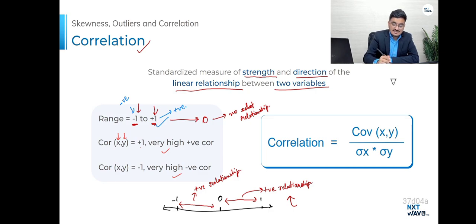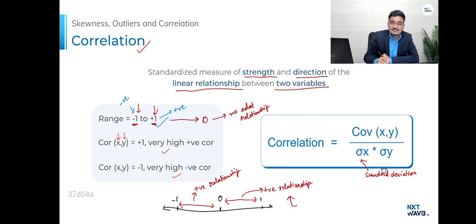Now what does sigma represent here? Sigma, we know that it represents standard deviation. So correlation between two features x and y is calculated by calculating the covariance and dividing it by the multiplication of their standard deviation.